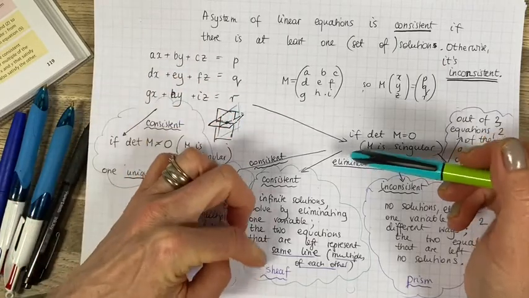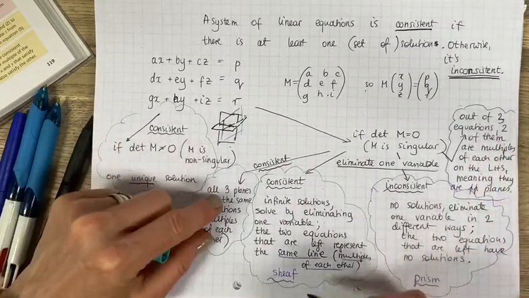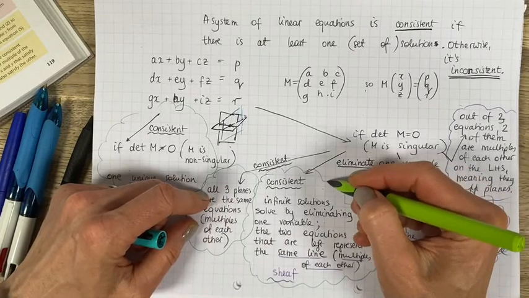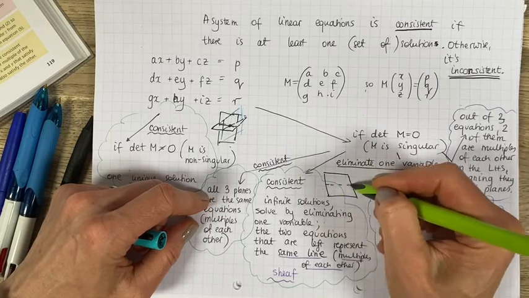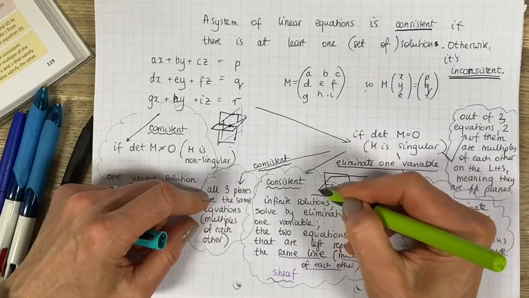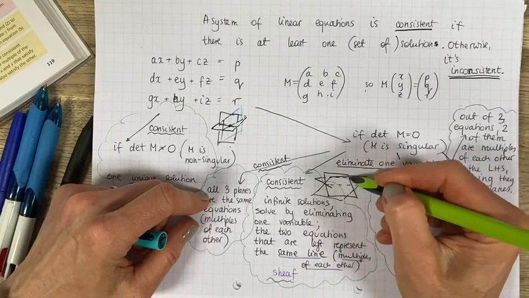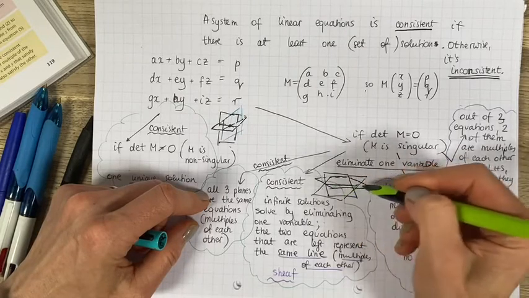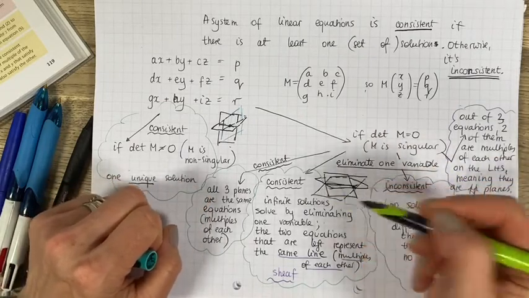They form a sheaf, so the planes intersect at one straight line. Let me attempt to draw it again. Let's have one plane maybe like this, another like this, and then maybe one like that. There you go, and they all intersect, a little bit wonky there, at one line.